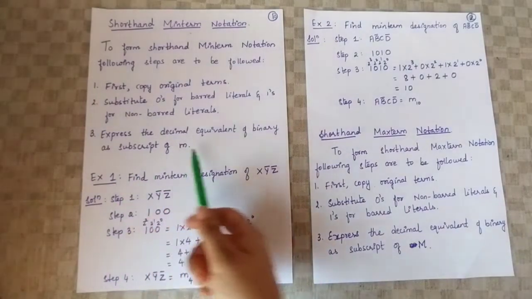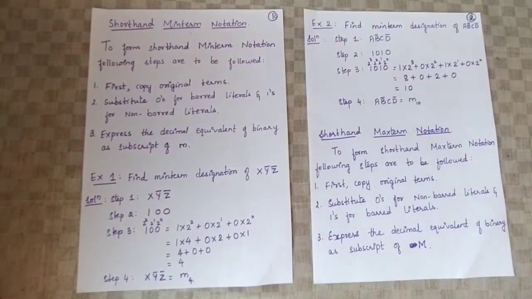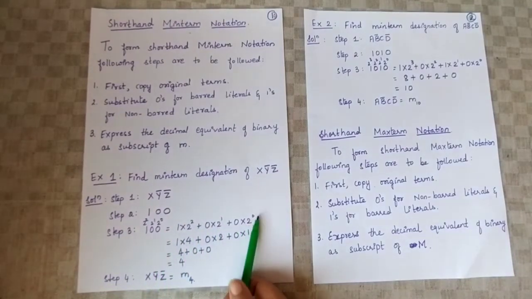Next, we have to express the decimal equivalent. How do you convert a binary value into decimal form? As you have seen in your first PUC, you multiply with powers of 2. So take 1 0 0, this becomes 2 raised to 0, 2 raised to 1, 2 raised to 2. So it is 1 into 2 raised to 2 plus 0 into 2 raised to 1 plus 0 into 2 raised to 0.